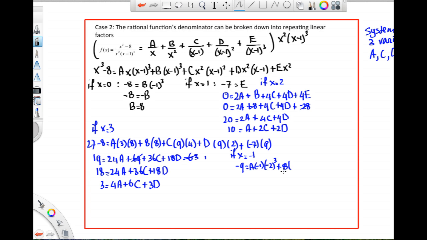And then I do a negative 1 minus 1, so that's a negative 2 cubed. Plus c, and we need to plug in a negative 1, so that's 1. And a negative 1 minus 1 is a negative 2 squared, plus d, negative 1 squared is still 1, and a negative 1 minus 1 is a negative 2.